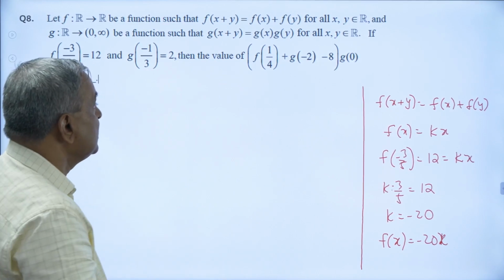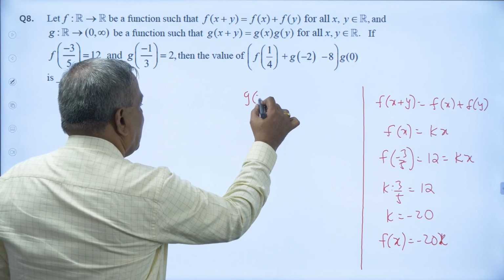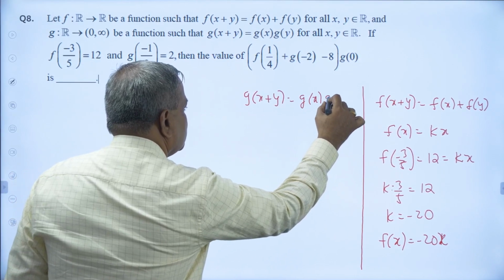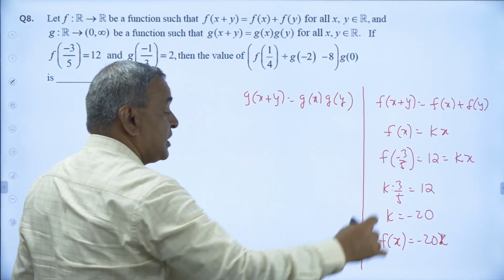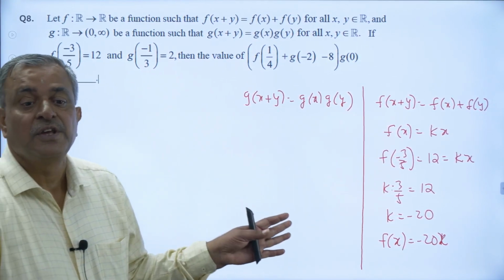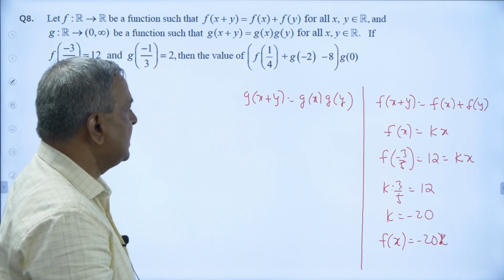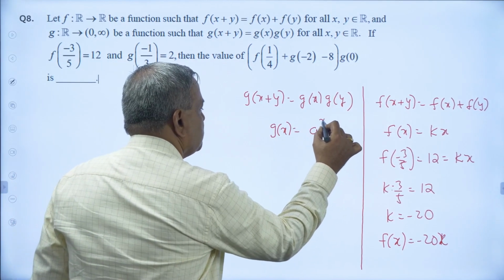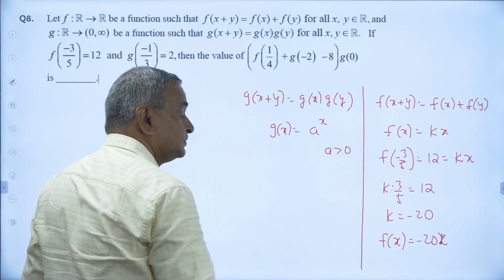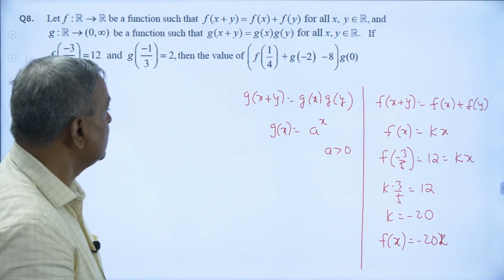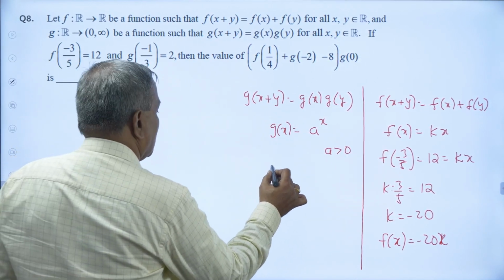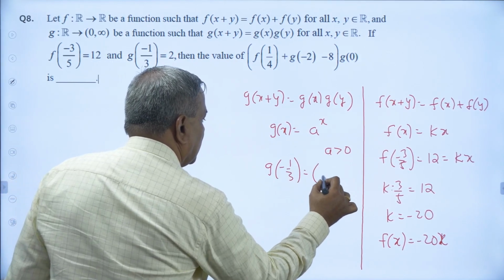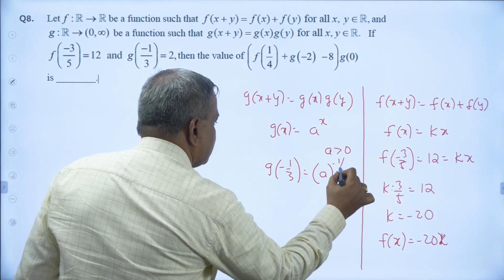Okay, function is clear. Now, g(x plus y) equal to g(x) into g(y). For preparation of JEE Advanced, I don't know how tough problems you have done. But this is valid when g(x) is equal to a to the power x, of course with a greater than 0. You cross check it. They gave g(minus 1 by 3) is equal to a to the power minus 1 by 3.